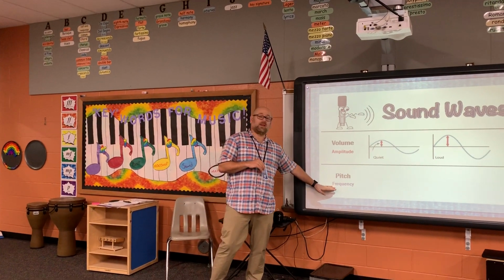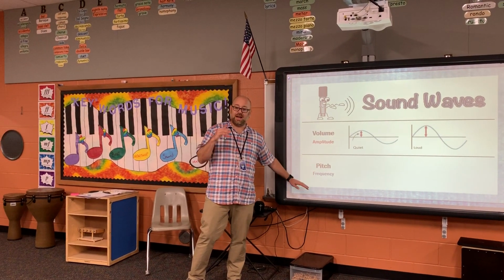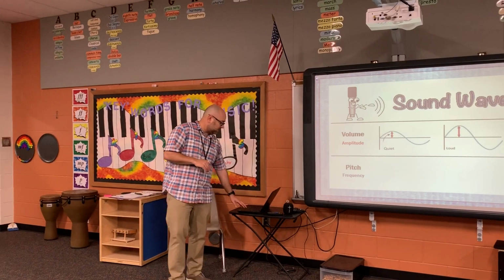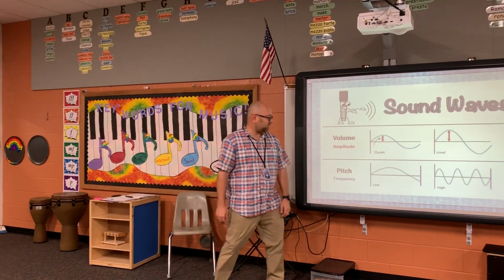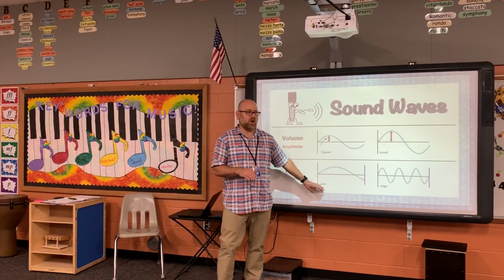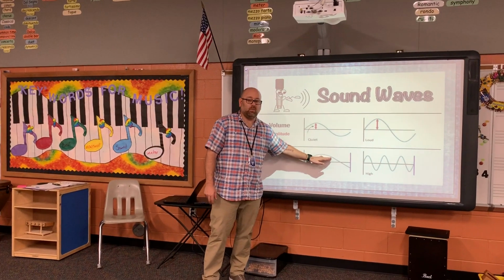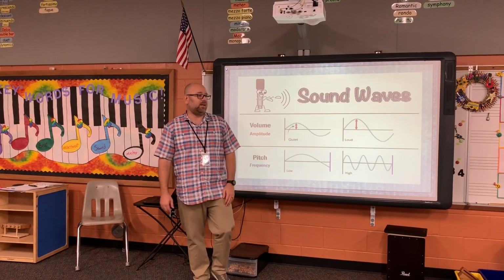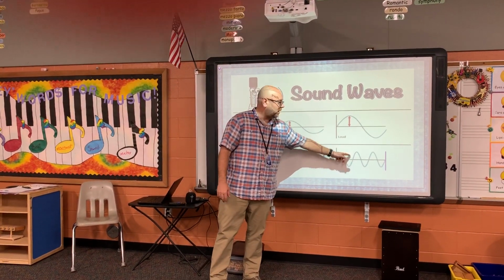Pitch is talking about the word frequency. Frequency is pitch, how high or low. Now, what would that look like on a graph? It would look just like this. So if I'm speaking very low, you would see really wide waves. If I were to have a very high-pitched voice, you would see a lot of waves.